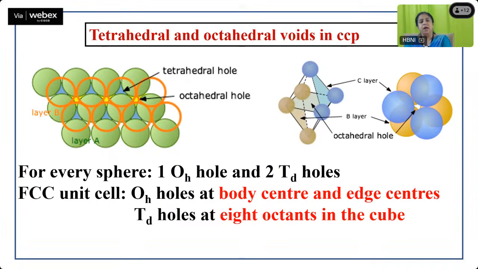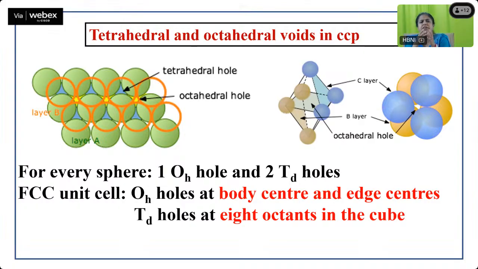Now, because we have to study the structure, in CCP and HCP, whatever we talked about, we are only talking about the same kind of atoms, hard spheres, but the same kind. But ultimately, we have to go towards ionic solids and study their crystal structure.